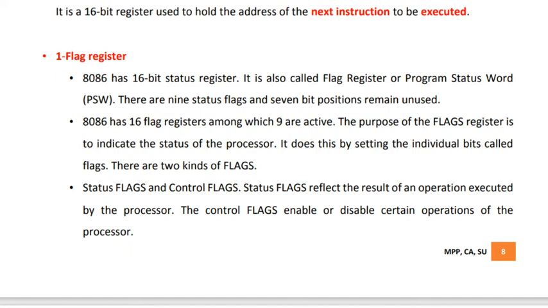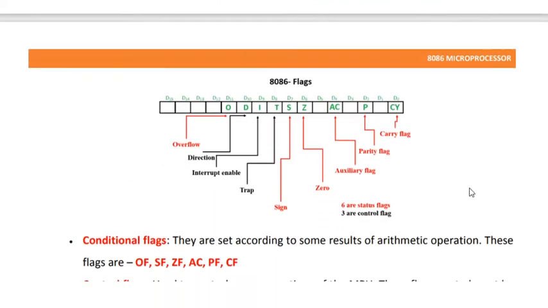So the 9 active bits of the flag register are partitioned into status flags and control flags. Status flags reflect the result of operations executed by the processor, whereas control flags enable or disable certain operations of the microprocessor. Now let us try to understand these flags in greater detail.